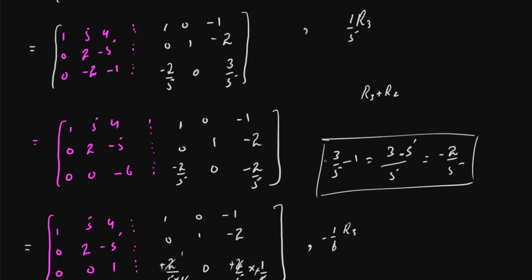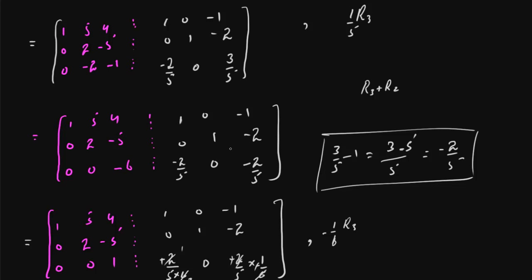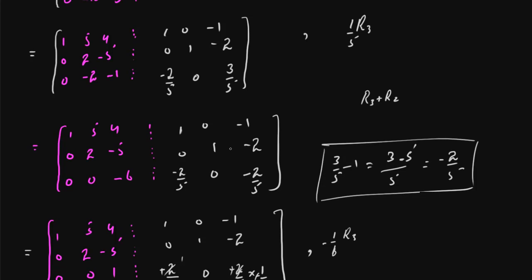And now we just do R3 plus R2, and doing so we will get R3 with R2. We are going to add that with minus 2, not with minus 1, and that is the problem we are getting here.